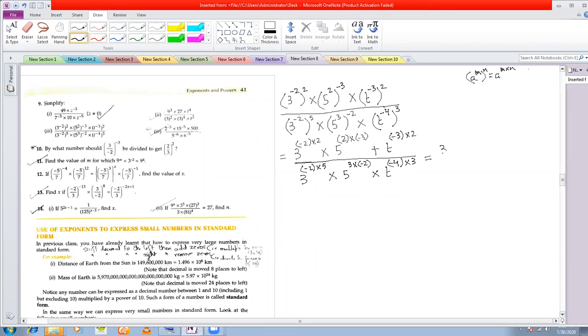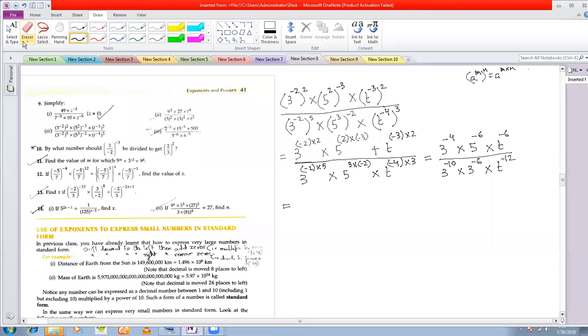Next step, 3 to the power of -2 into 2 is -4. 5 to the power of 2 into -3 is -6. And t to the power of -3 into 2 is -6. Divided by 3 to the power of -10, 5 to the power of -6 into t to the power of -12. Now you take all the 3's together.